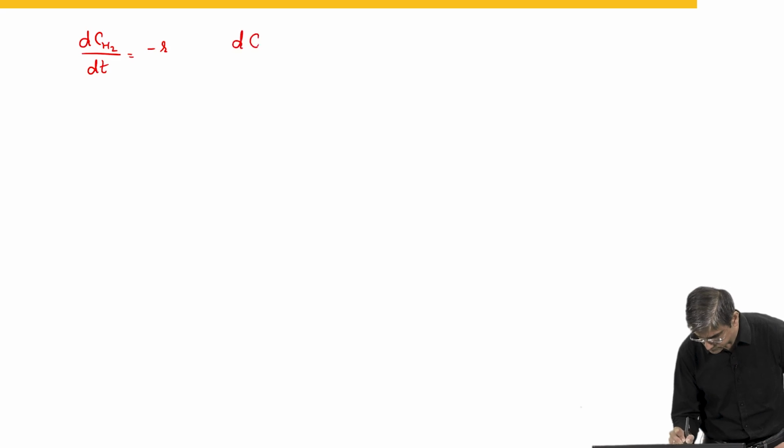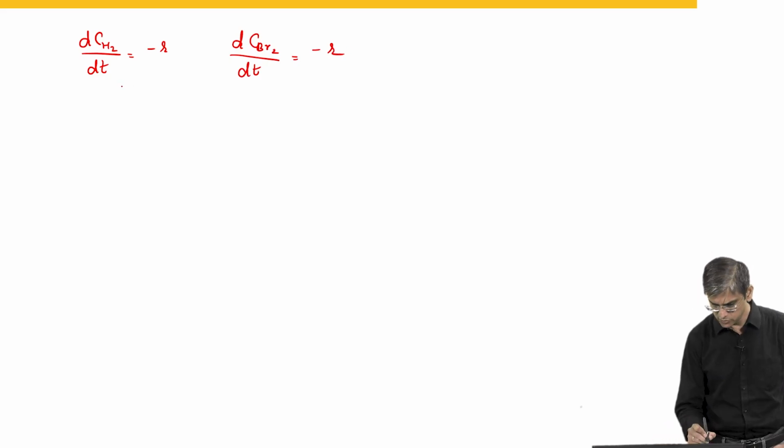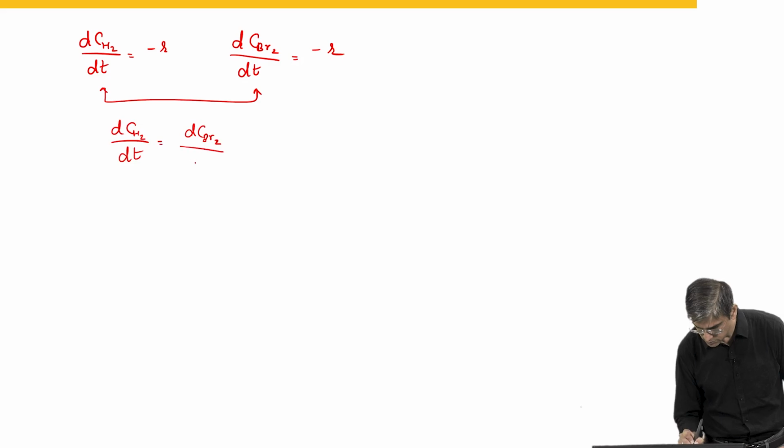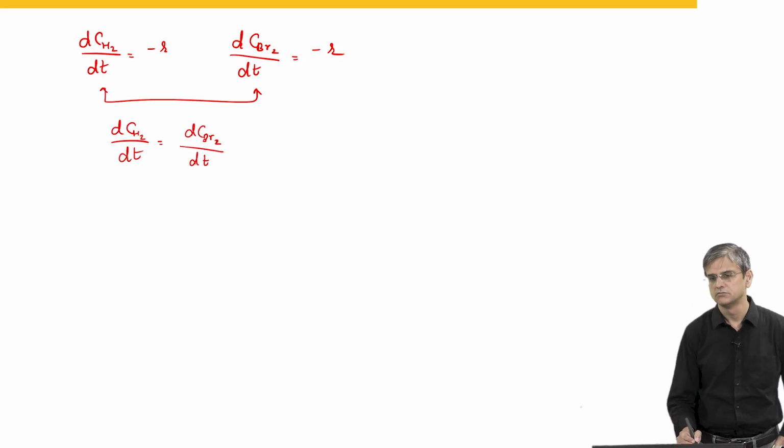Approach number 2, if you were to do this, you will have again, okay. So, from this you will get dCH2 by dt equal to dCBr2 by dt.